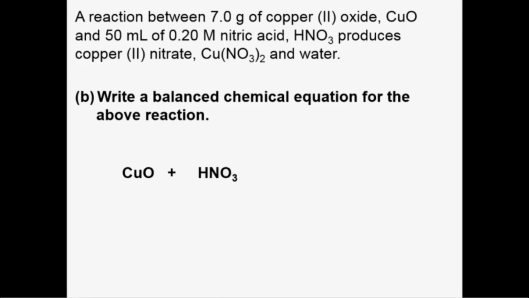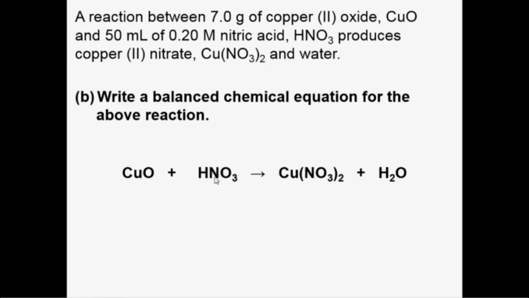We have copper 2 oxide and nitric acid. When these 2 react, we get copper 2 nitrate and water, and this equation is not balanced. As usual, we start with the most complex substance, which in this case is copper 2 nitrate. There is 1 mole of copper here and 1 mole of copper here, so copper is balanced. Then nitrogen: there are 2 moles of nitrogen in copper 2 nitrate, but there is only 1 mole of nitrogen in nitric acid.